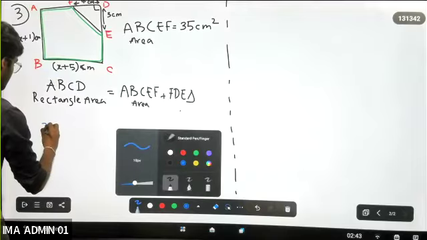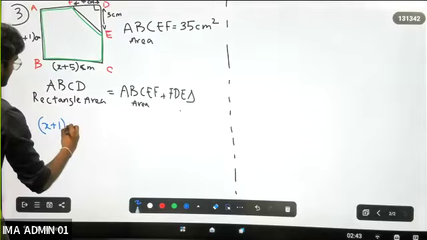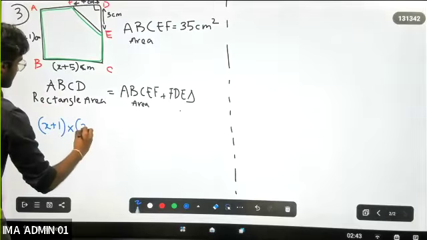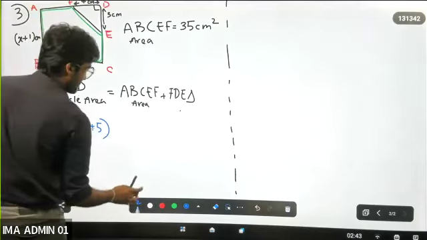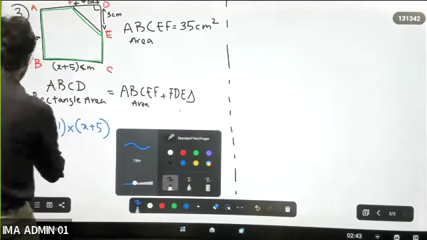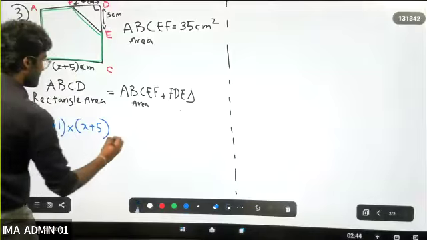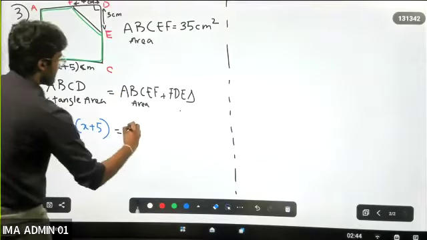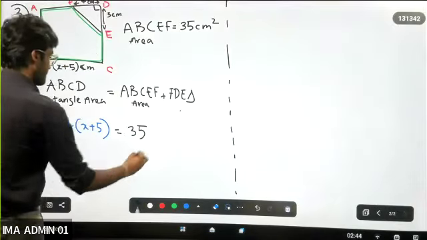So what's the length? x plus 1 multiplied by x plus 5, right? Equal to... ABCEF, it's given 35, right? Already given.